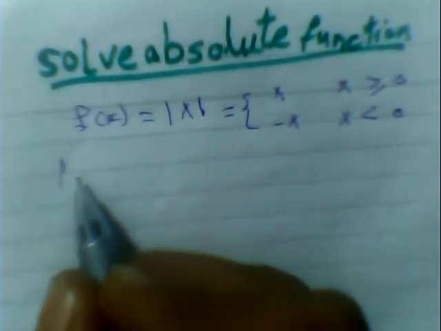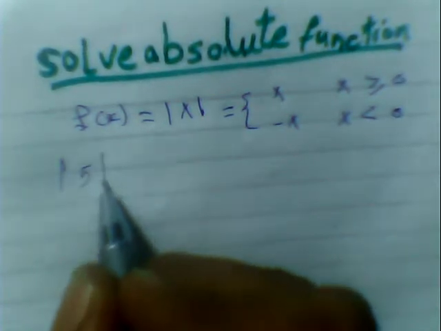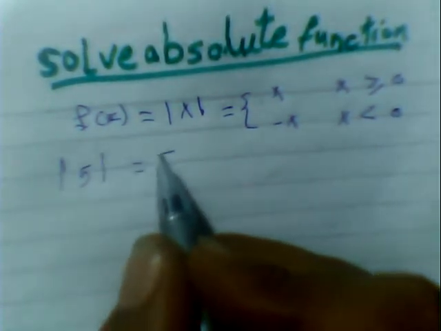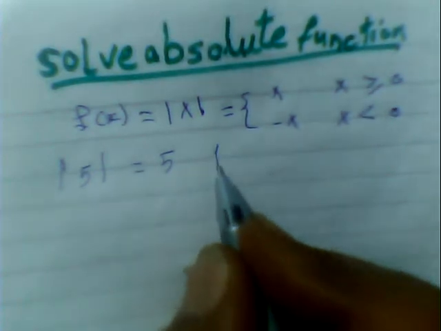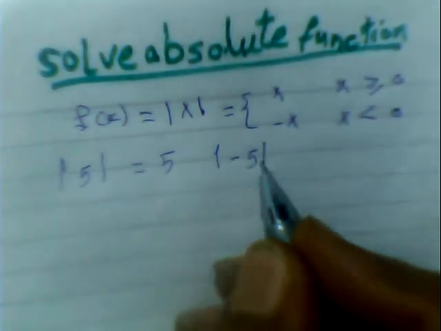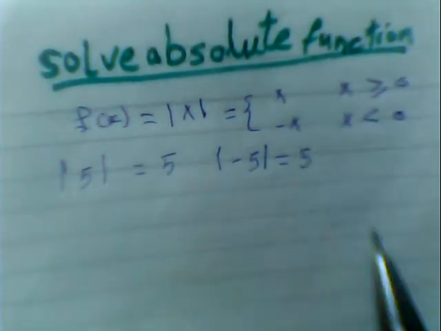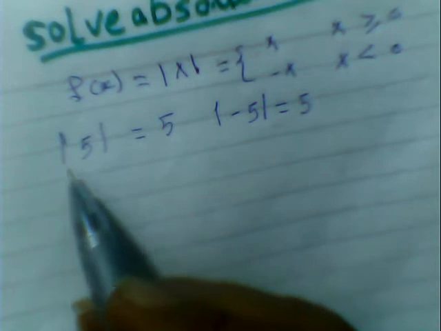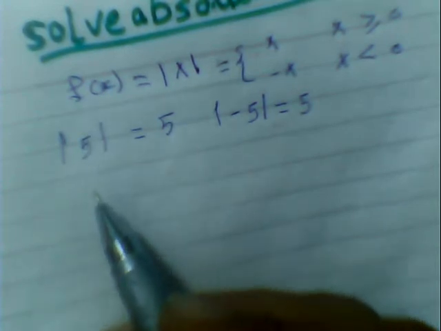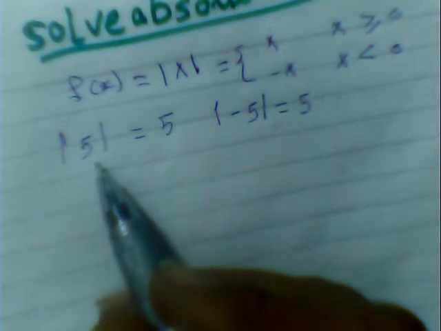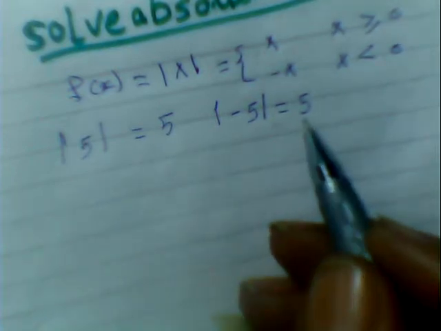Okay, we can look. If we say modulus 5, that equals 5, and we can say modulus minus 5 also equals 5. That means modulus of any number, positive or negative, gives me the positive number.